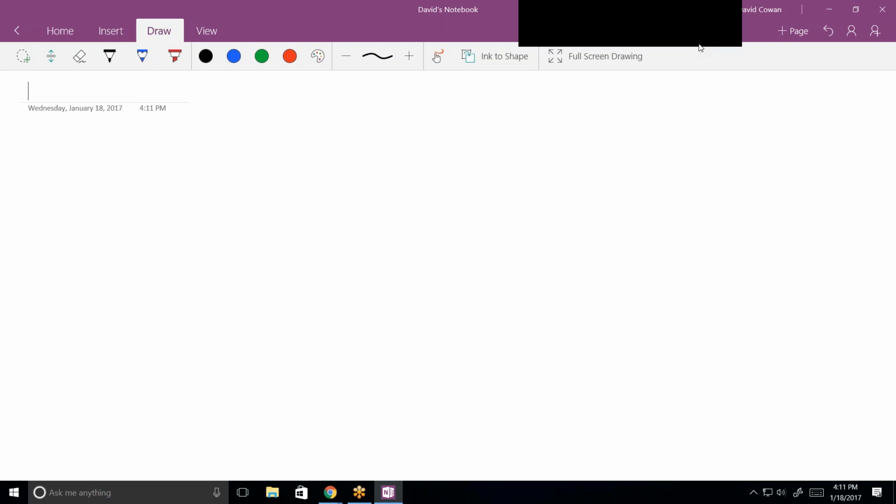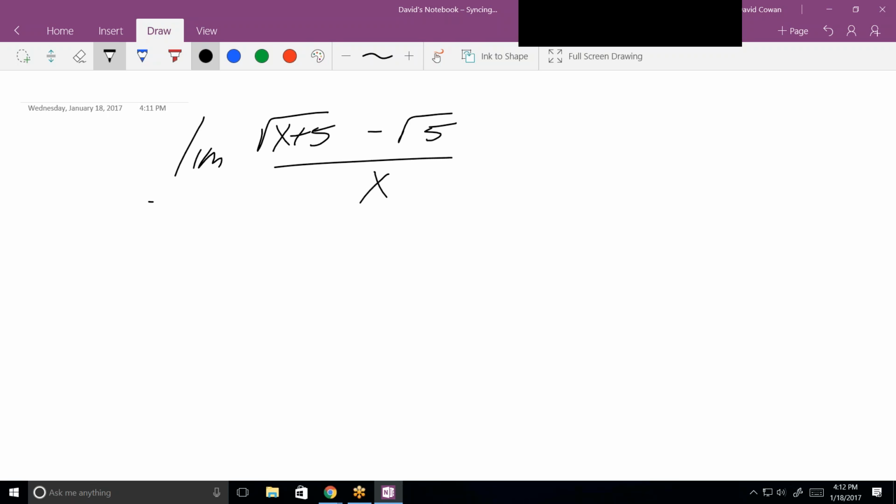So my 53 is square root of x plus 5 minus square root of 5 all over x? Yeah. Okay. Yes, we can do that. So I'm taking the limit of square root of x plus 5 minus square root of 5 all over x as x goes to 0.